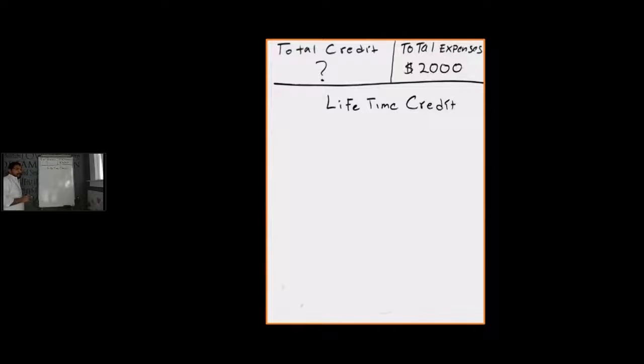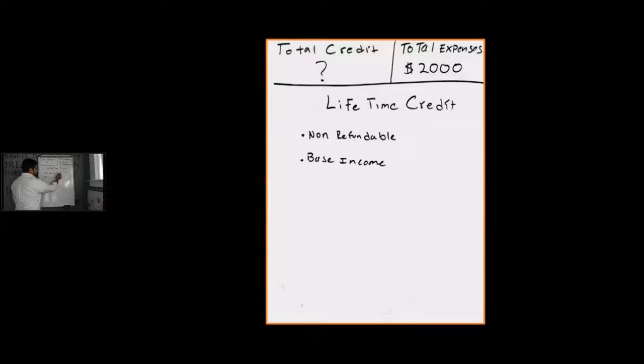Lifetime learning credit is, one, non-refundable. Two, it's based on income. So if you're already making too much money, and we'll talk about income as well, it doesn't matter how many forms or how much in expenses you have, the IRS is not going to give you the credit.